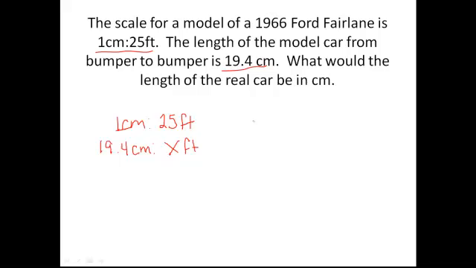our variable. So then we're going to use cross multiplication here and multiply 19.4 times 25, which is 485. And that's going to be set equal to the cross product here, which is 1 times x, which equals 1x.